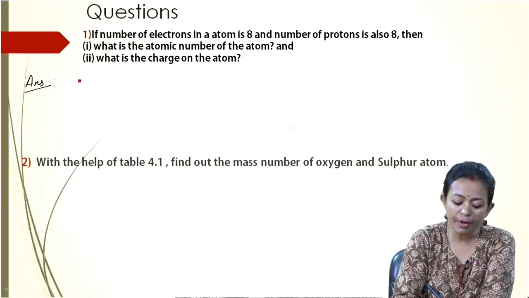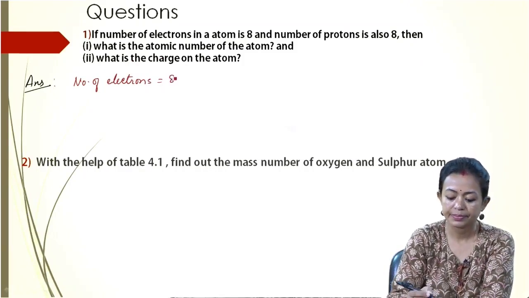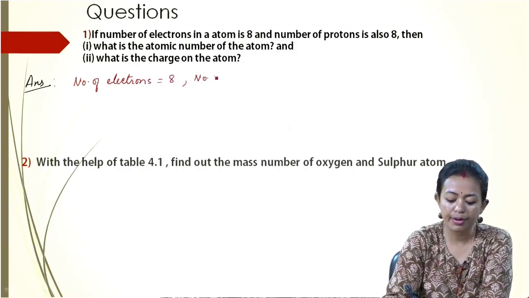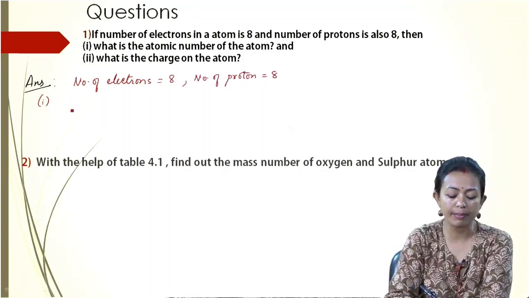Now the number of electrons is given to be 8 and the number of protons is given to be 8. So the first question asks, what is the atomic number?